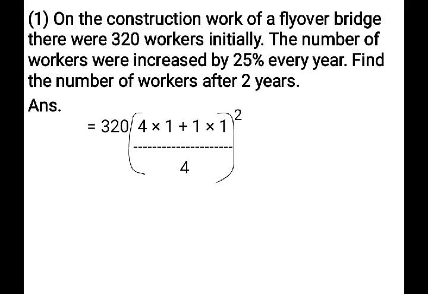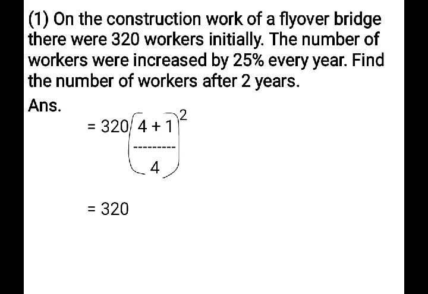That is equal to 320, 4 ones are 4 plus 1 ones are 1 upon 4 raised to 2. In the bracket you have to add on the numerator. That is equal to 320, 4 plus 1 is 5 upon 4 raised to 2.